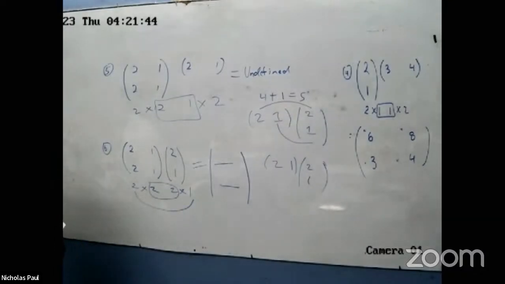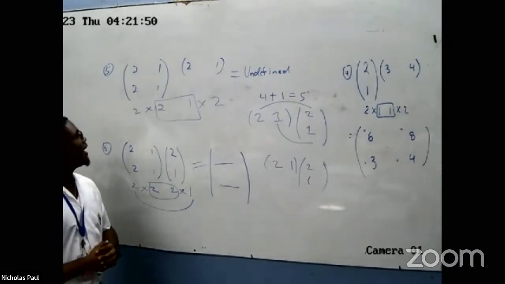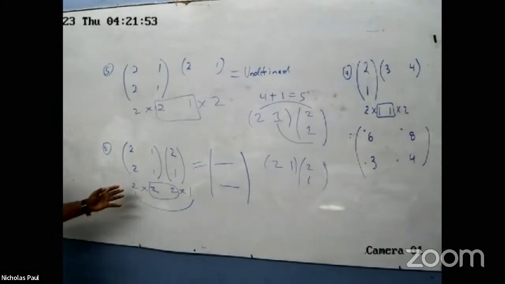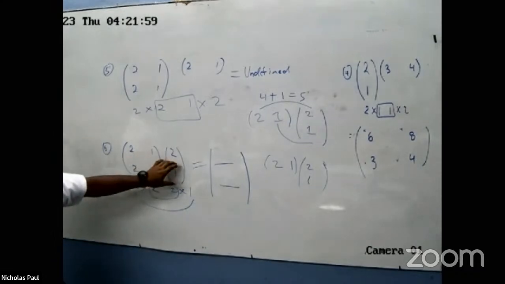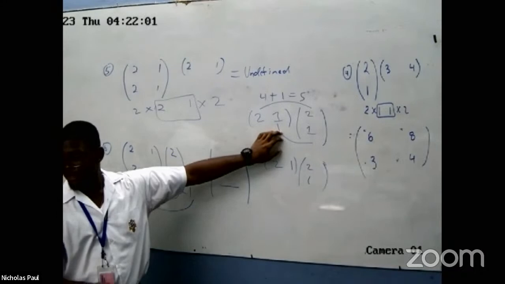We're confused about something specifically? Alright, so you break it up to make it easier. Since you're multiplying this by this first, bring it aside.